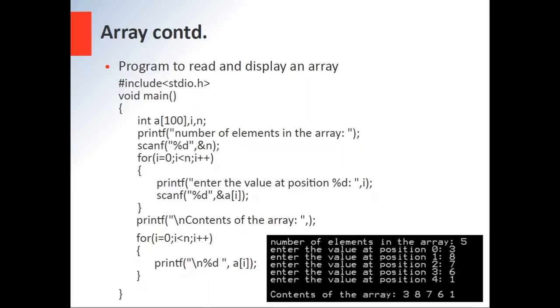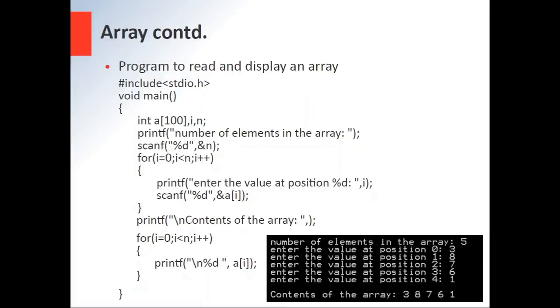Next, we will see a program to read and display an array. In this program, we have declared an integer array of size 100 and two variables of data type int. I is used as the loop variable and n is used as the number of elements in the array.